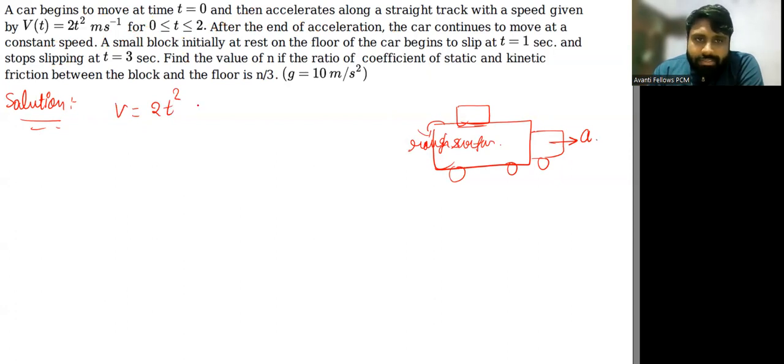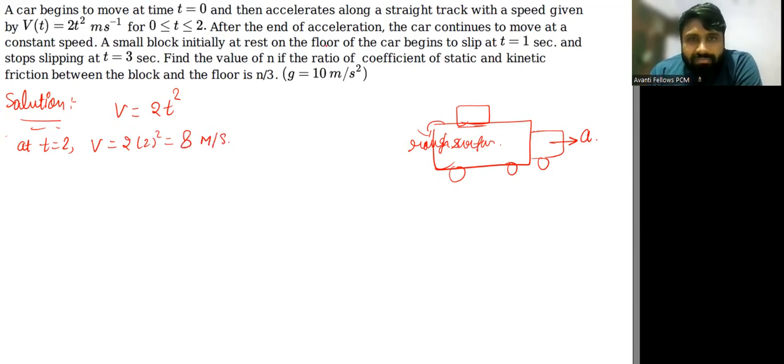So initial speed, if I talk about t equals 0, the speed of the block will be 0 and the vehicle will be 0. After the end of acceleration, and acceleration ends at t equals 2, so we will calculate the velocity at t equals 2. At t equals 2, v equals 2 into 2 square, which is 8 meter per second.